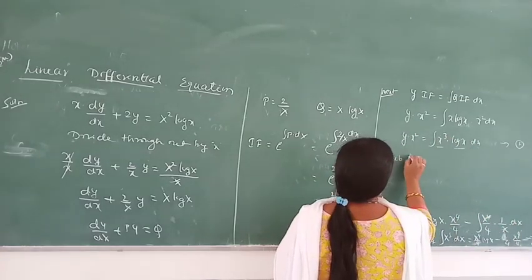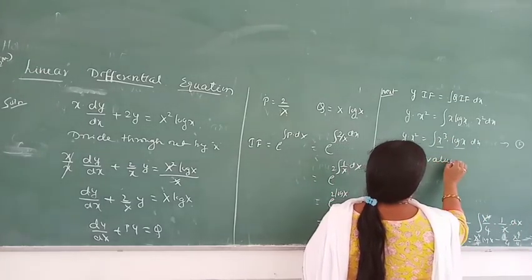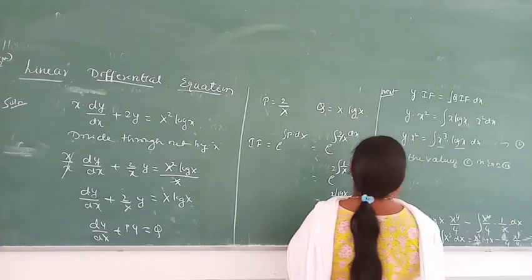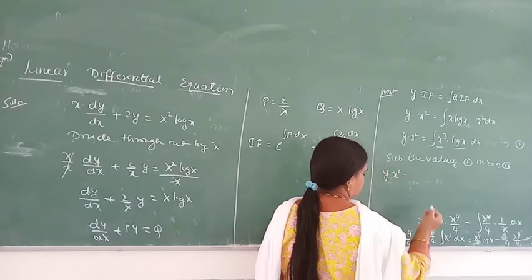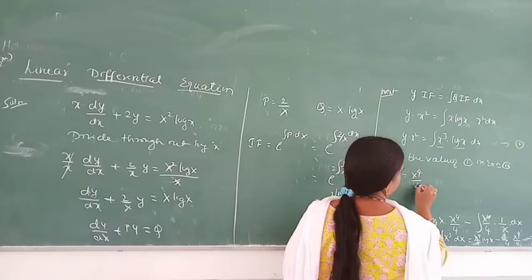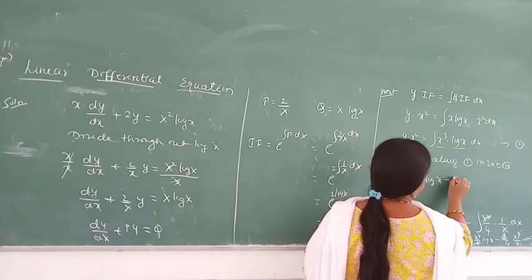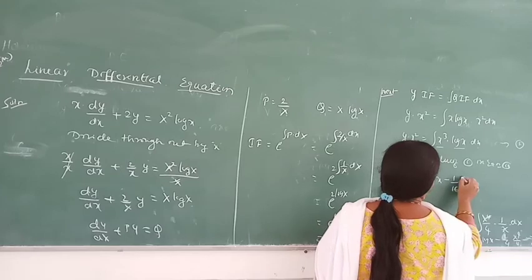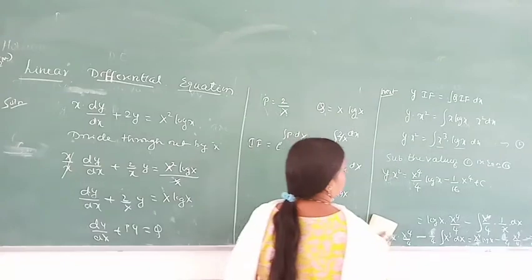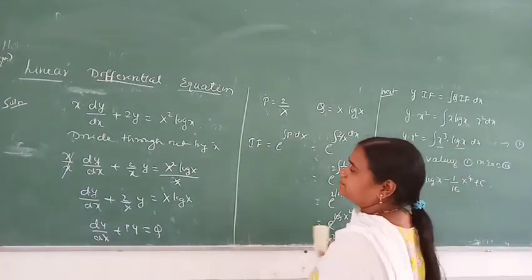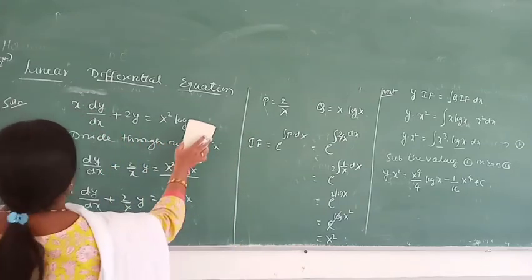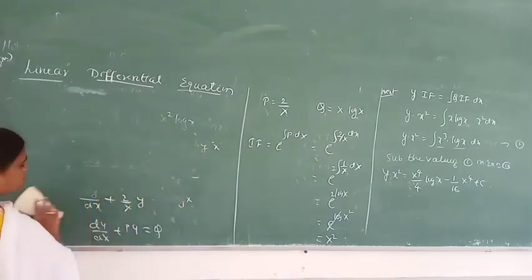We get y into x squared equals x to the power 4 by 4 log x minus 1/4 into 4, which is 16, x to the power 4, plus c. This is the answer. This is how we can do the example, and such examples are asked in the exam for 5 marks. Okay, we will do another one also.